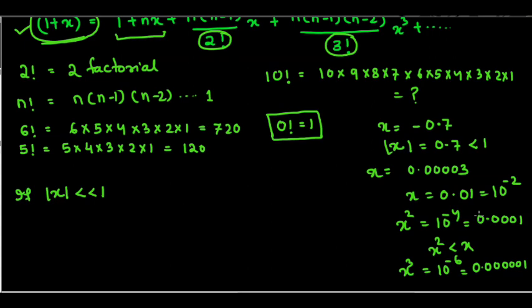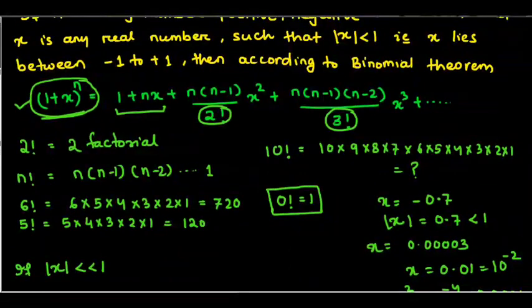So if you look at this expression here, 1 plus x whole to the power n is equal to 1 plus nx, then we have n into n minus 1 by 2 factorial into x square, then we have this term. So if the magnitude of x is much less than 1, then 1 plus x whole to the power n is approximately equal to 1 plus nx.